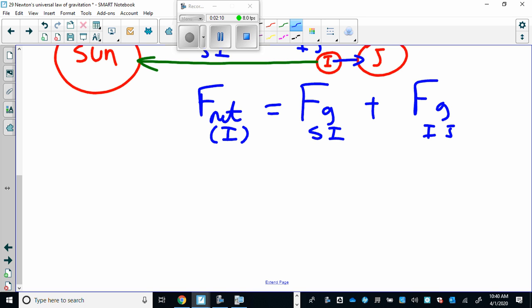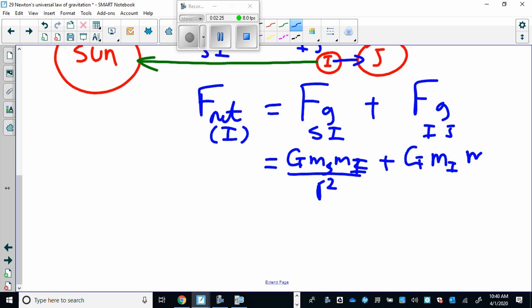And then this one's going to be G M S M I over R squared, plus G M I M J over R squared, and just making sure that one of these is positive and one's negative. So I'm just going to put brackets there. This one over here, I'm just going to say is negative.